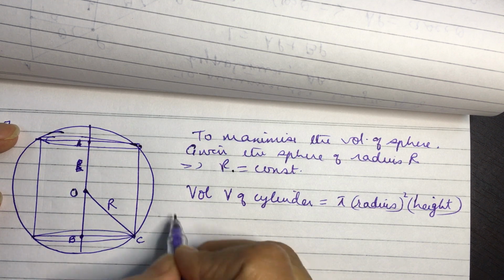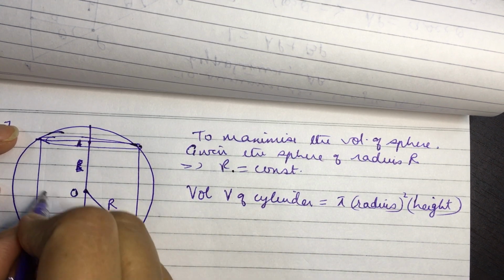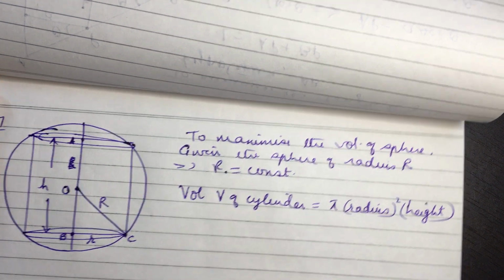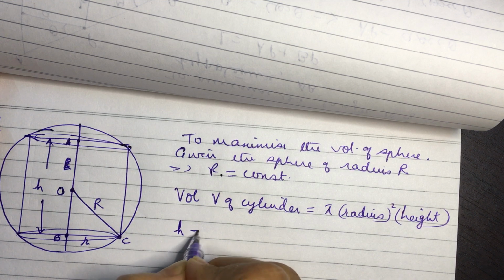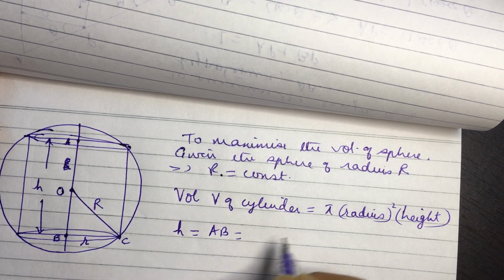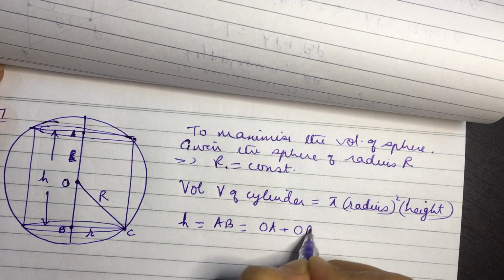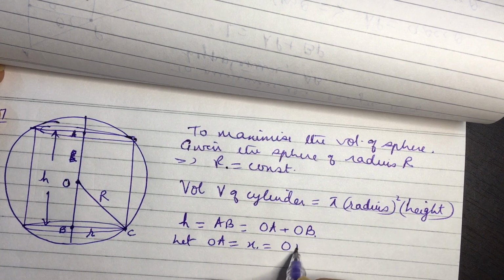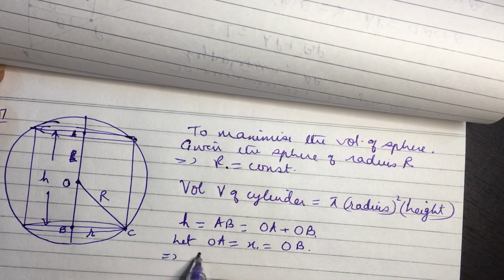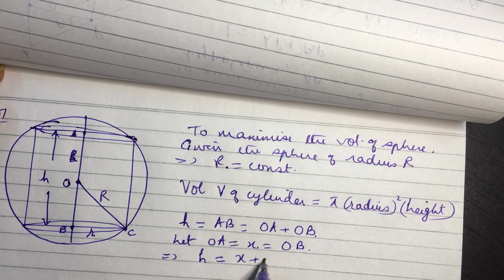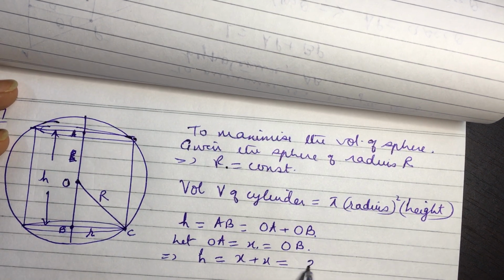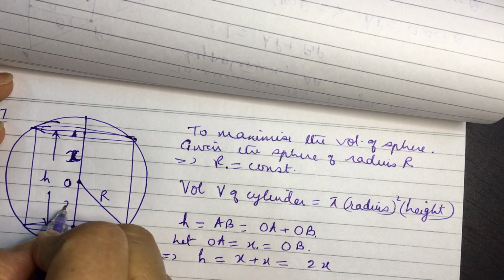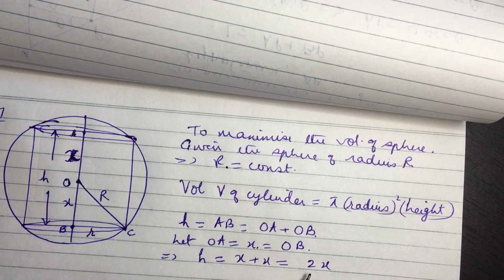Now let's call this r and let the height of the cylinder be small h. Okay. Now height h is equal to AB equal to OA plus OB. Let OA equal to x equal to OB. So it implies that the height h will be equal to x plus x, which is equal to 2x. So this is x and this is also x, and so this becomes 2x.